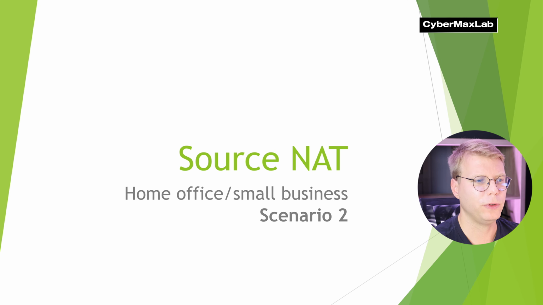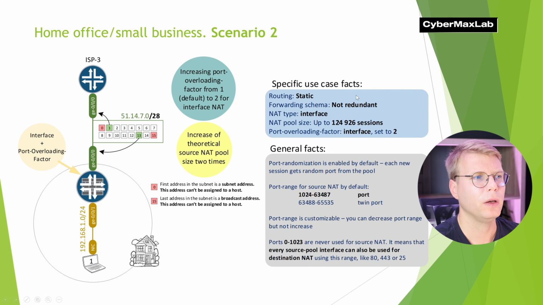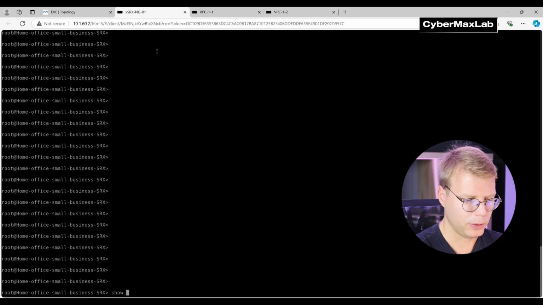Let's continue with the home office small business scenario 2. This scenario is almost identical to scenario 1. The difference is that for the interface pool, we enable the port overloading factor to 2, which increases the pool size twice. First of all, we'll start with the configuration.